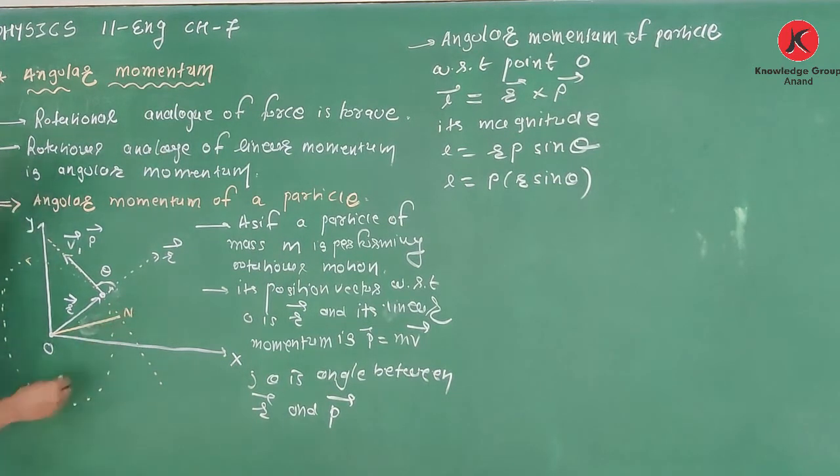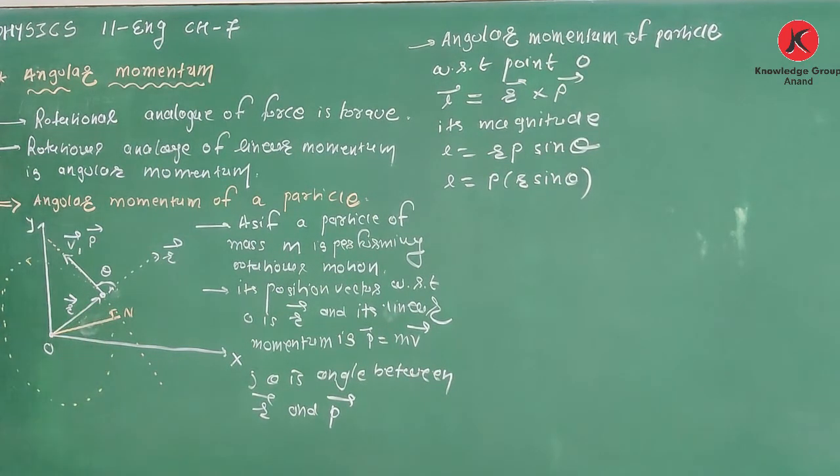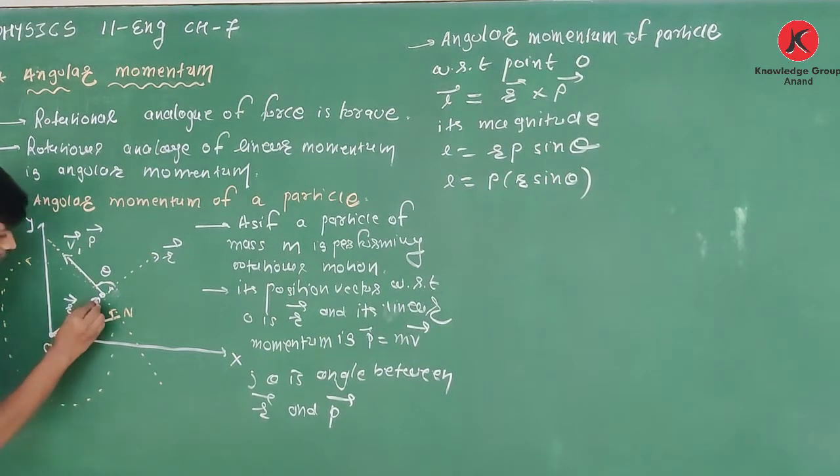Suppose it is N and it is perpendicular. If this angle is theta, then obviously this angle will also become theta.